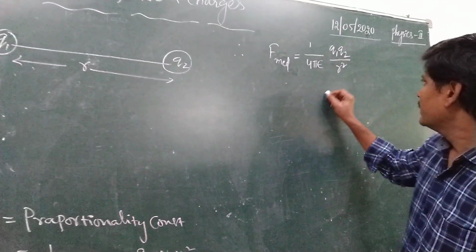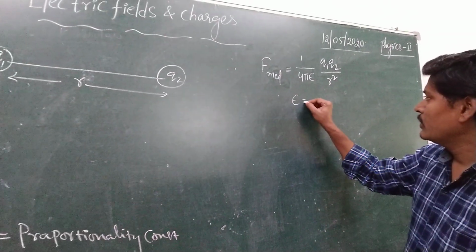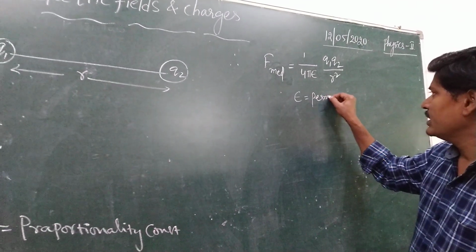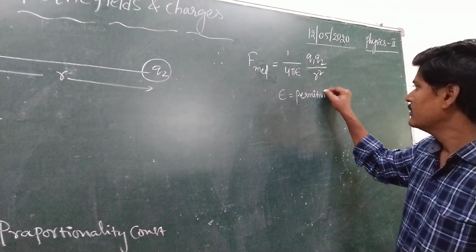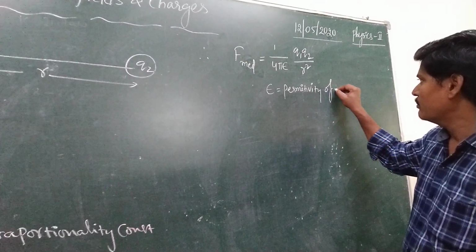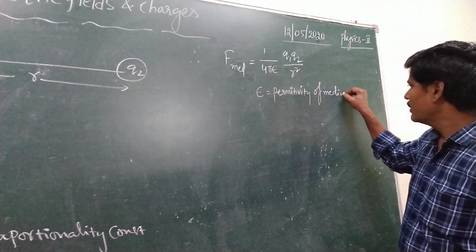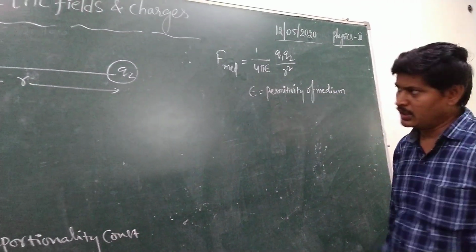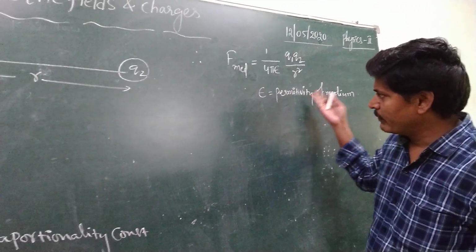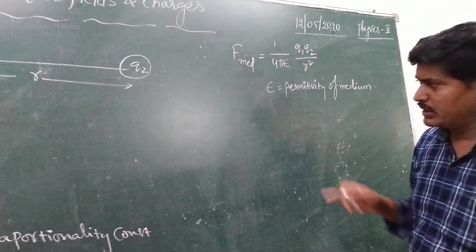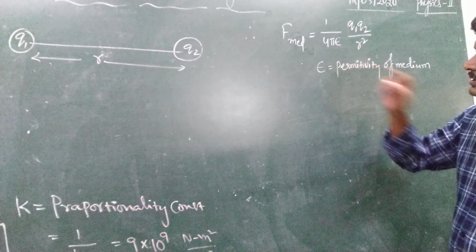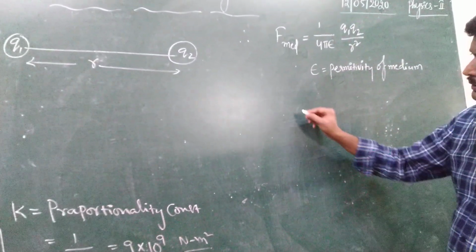Here epsilon is the permittivity of the medium. Any medium, either metal or liquid or any denser medium, has a permittivity, which is indicated with epsilon.